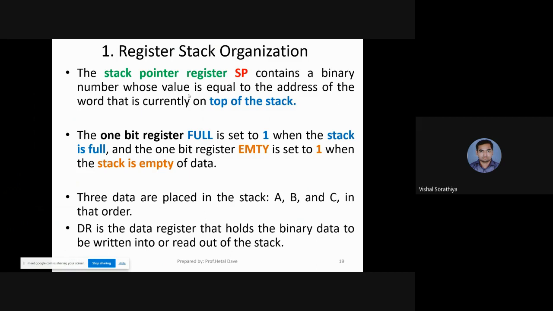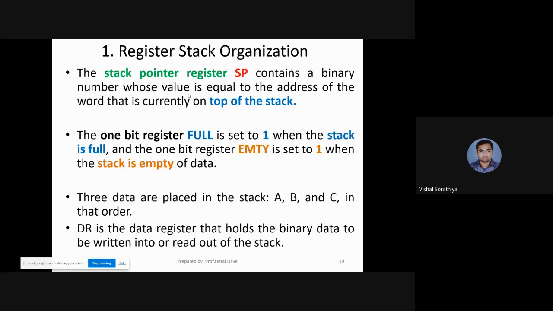Let's say your stack pointer is 63. Then the pointed location goes to 63, and over that location, whichever data register you have, according to the read or write signal you give, the tri-state buffer is turned on or off, in either read mode or write mode.